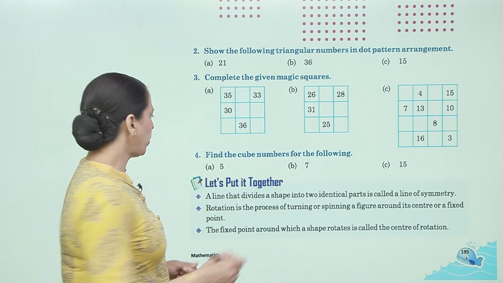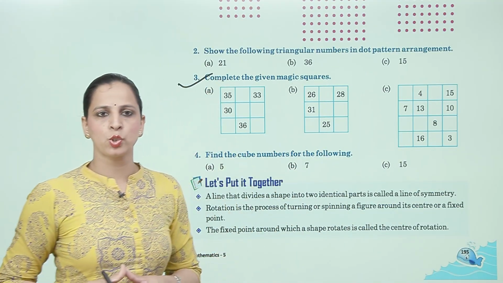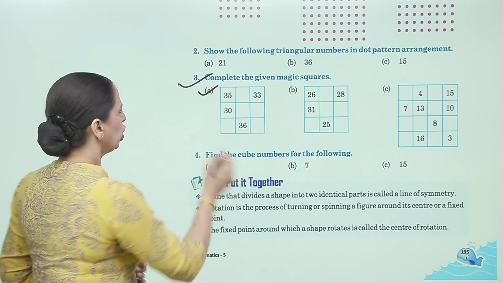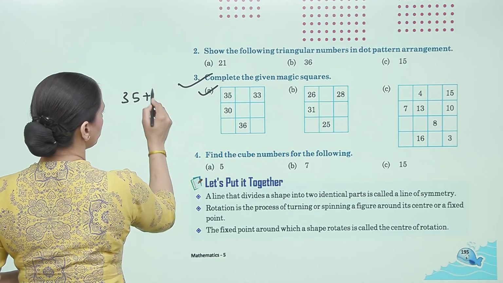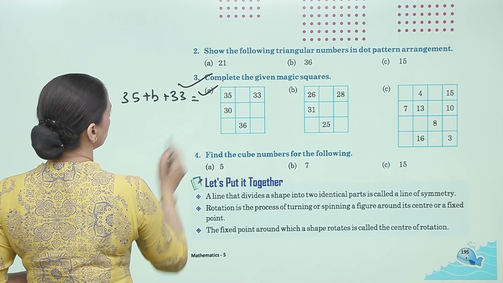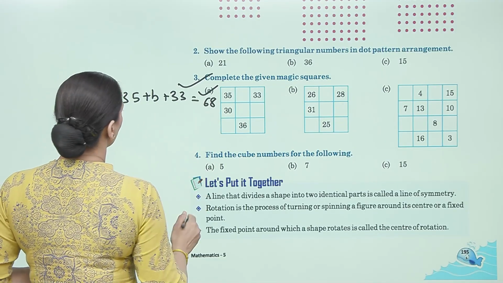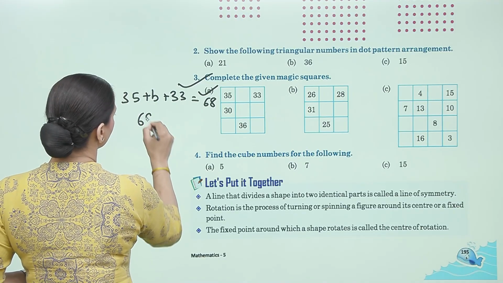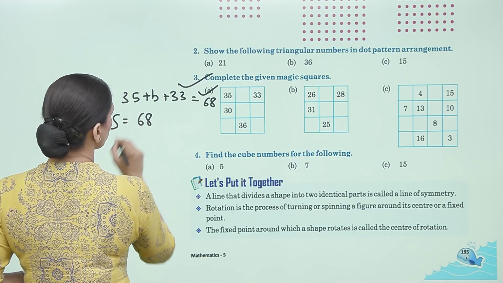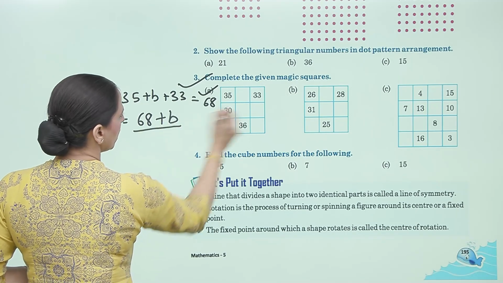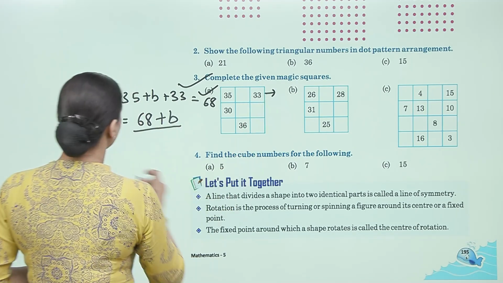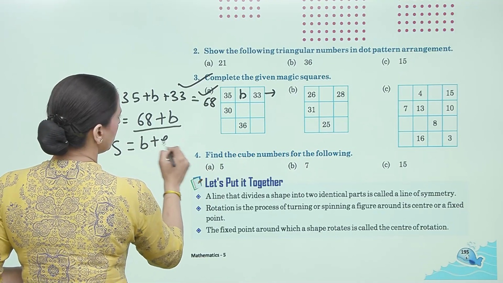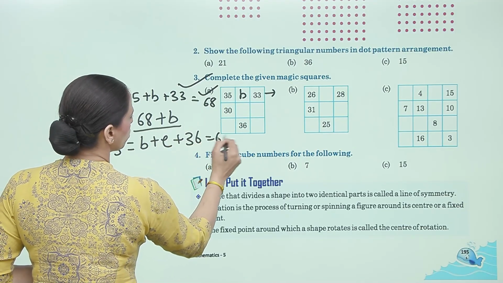Now next question number 3. Complete the given magic squares. Now A part, that is 35, 33. So 35 plus B plus 33 is 68 plus B, which is the first sum. Then the sum of B plus E plus 36 is also equal to 68.